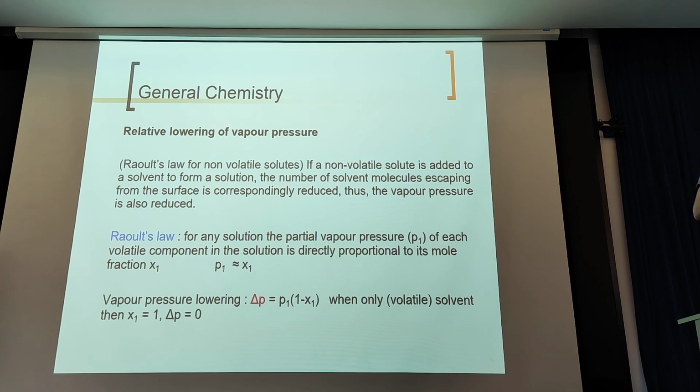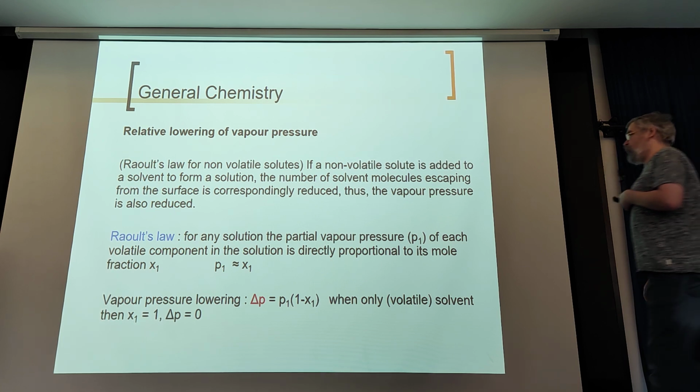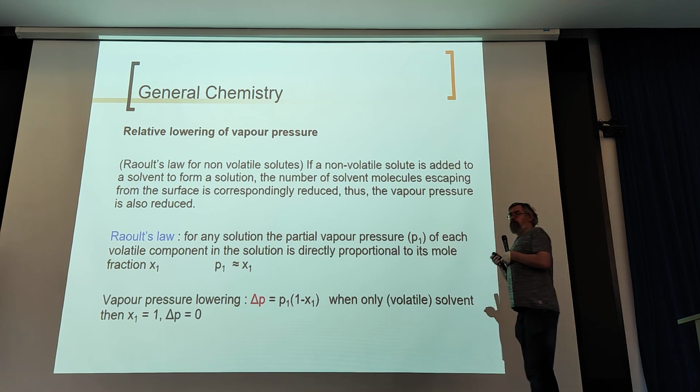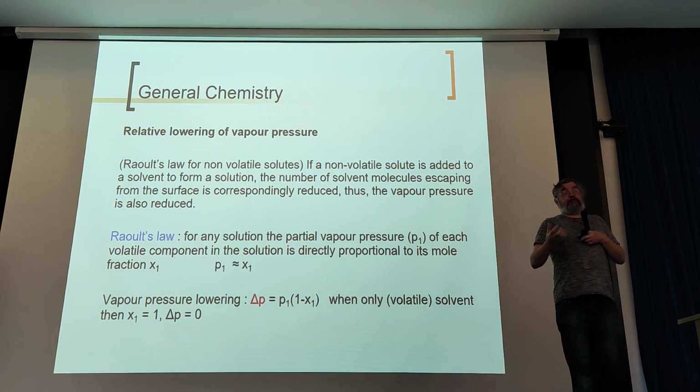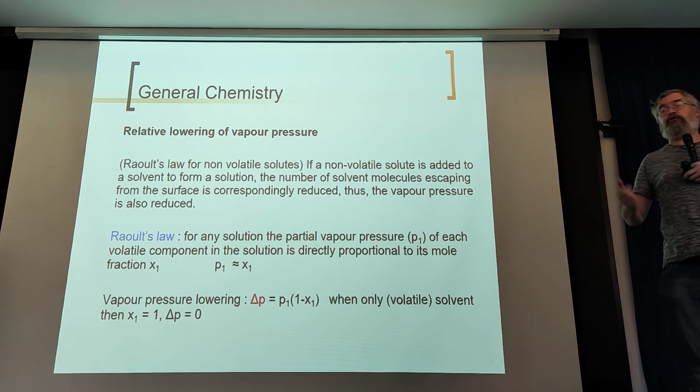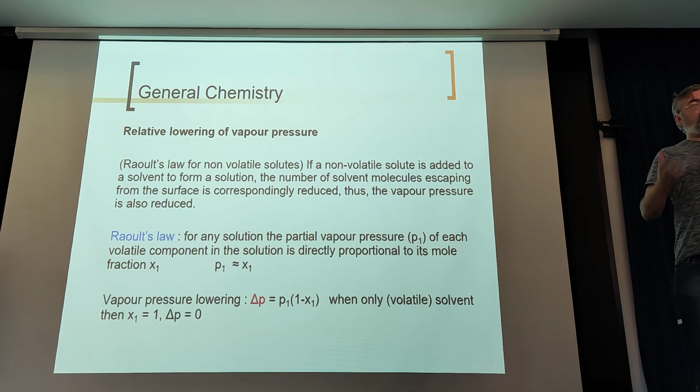So it's going to be about 1% lowering of the pressure. So you can see in this case, if you have very strong solutions, maybe a sodium chloride 30% solution, you can have a relatively strong depression of the vapor pressure in such a case.